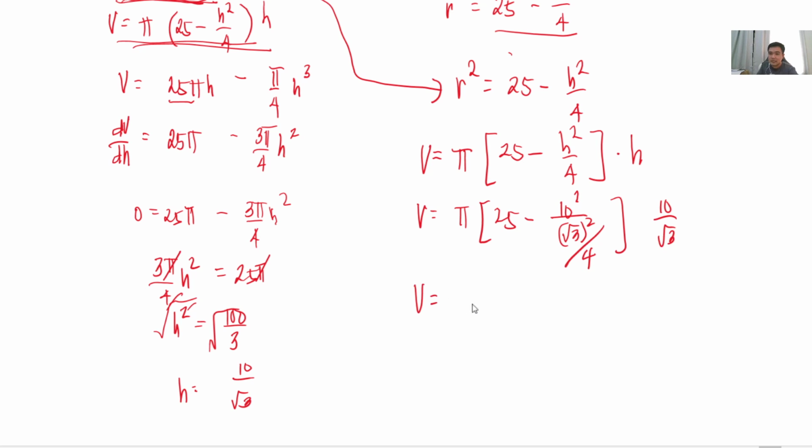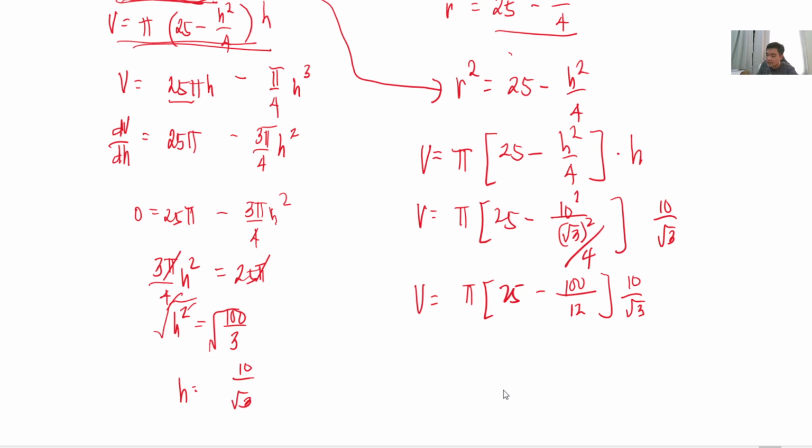So volume is pi times 25, that is 10 squared, that is 100, all over square root of 3 squared is 3, times 4, that is 12. 3 times 4 is 12, tama? 12 times 10 all over square root of 3.